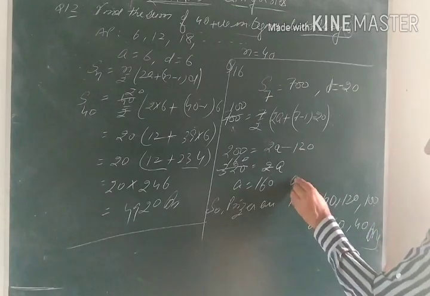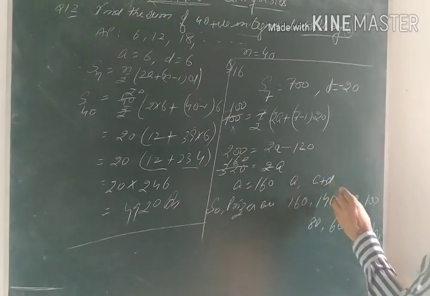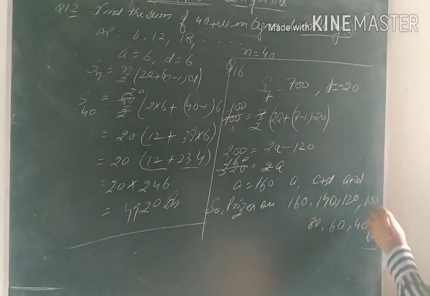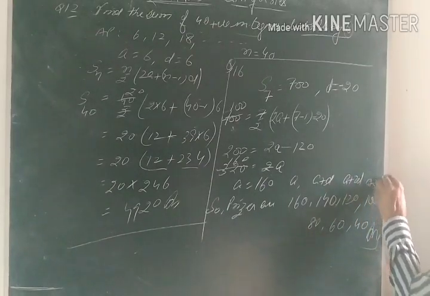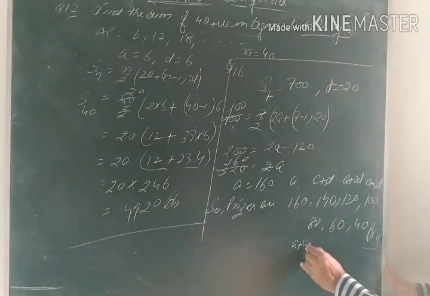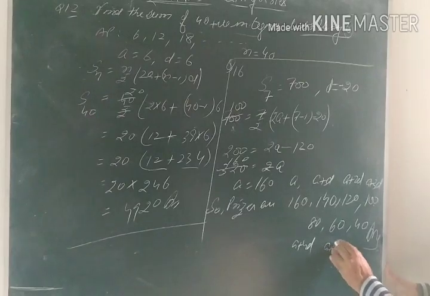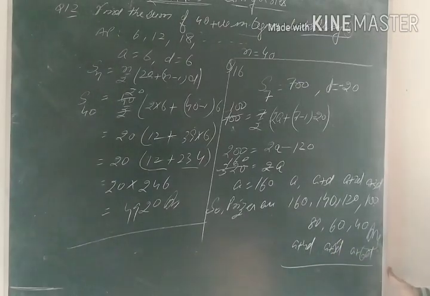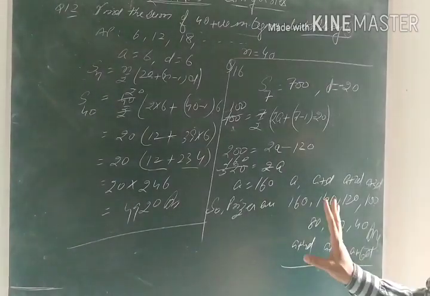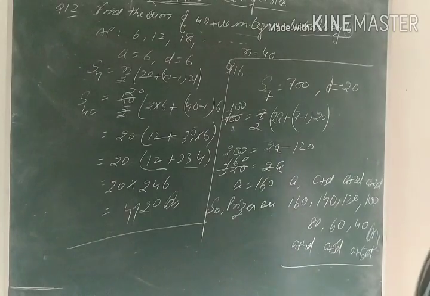You can write it as a, a plus d, a plus 2d, a plus 3d, a plus 4d, a plus 5d, and the last one is a plus 6d. Such types of questions, you can find all terms. The question is very simple, but the statement is somewhat different.